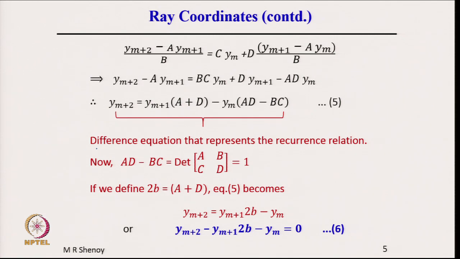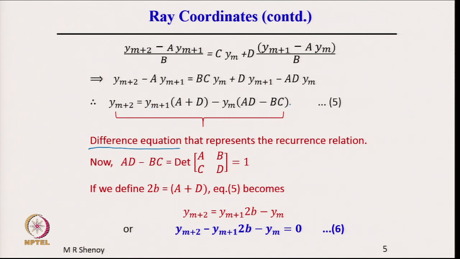This represents a difference equation, a recurrence relation. What it means is, if we know for any value of m, y_m and the next y_(m+1), then we can find out y_(m+2).